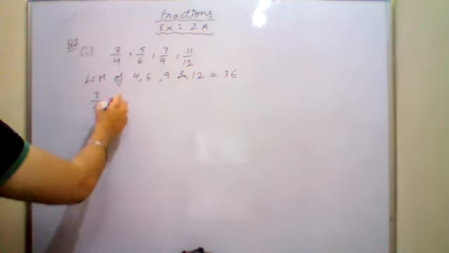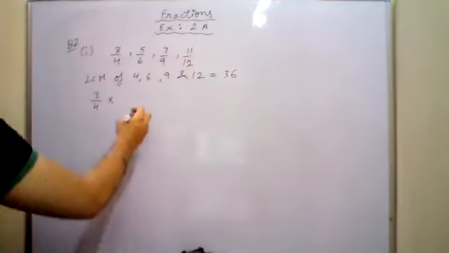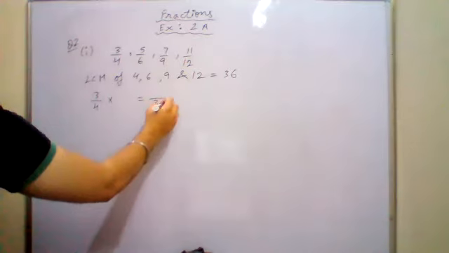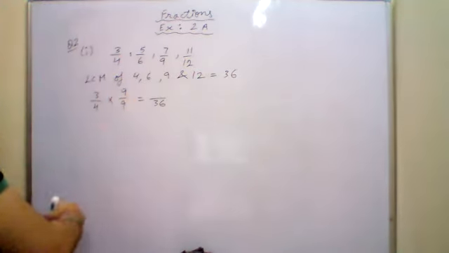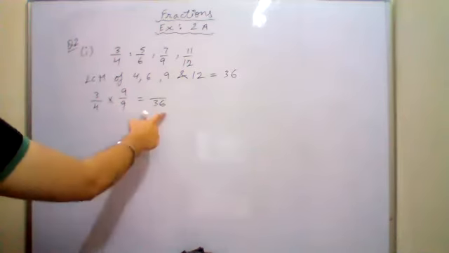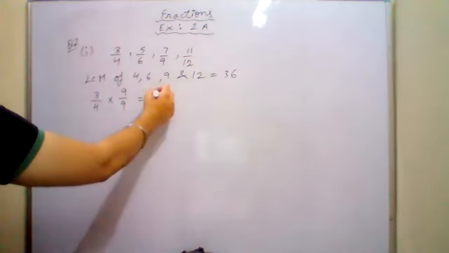Like fractions क्या होते हैं? जिनका denominator same होता है. तो यहाँ पर denominator 36 बनाने के लिए you will multiply the fraction by 9 upon 9. 4 into 9 is 36. 3 into 9 is 27.